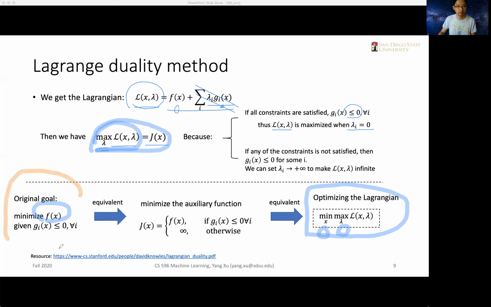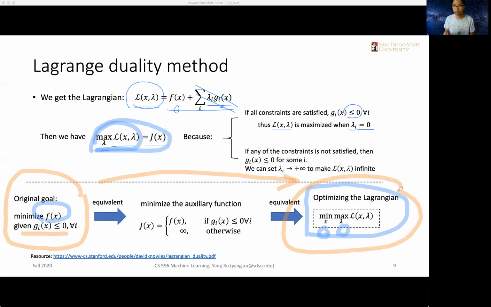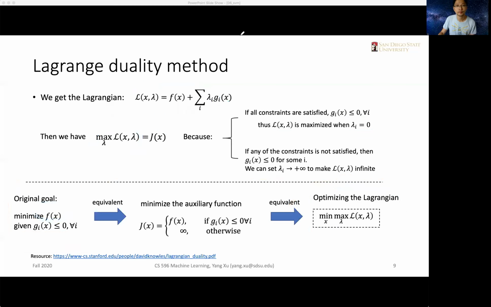The original form is to minimize something with respect to some constraints, and then we convert it into a duality problem, a minimize and maximize problem with respect to some new function, which we call a Lagrangian. Okay, so that will be a tool that we need to use in solving SVM problems. All right.